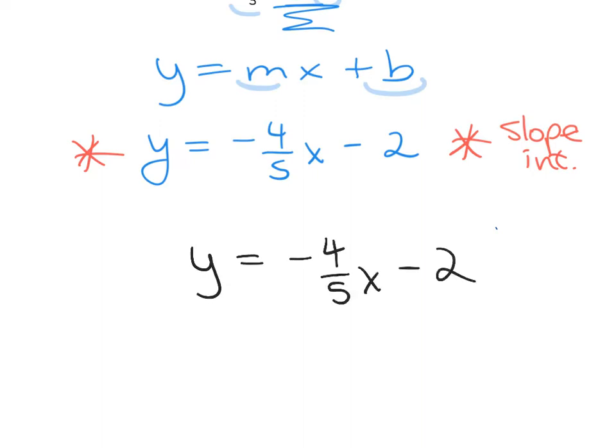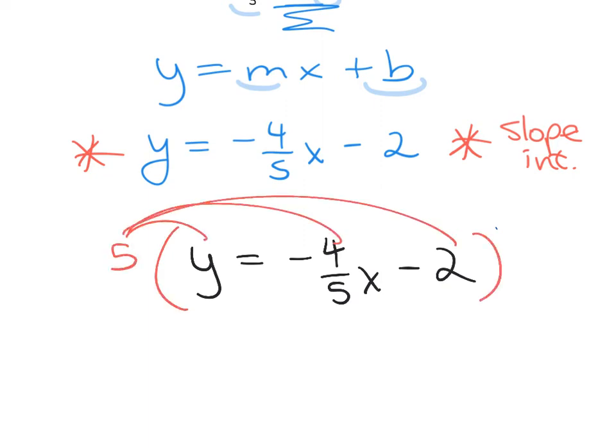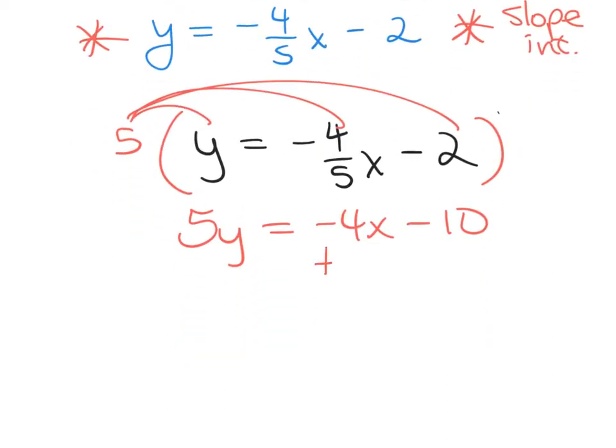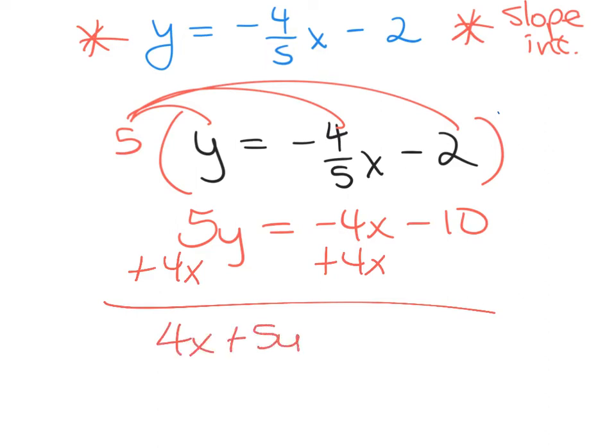To get rid of the fraction, I'm going to multiply all three things by 5. Negative 4x minus 10. Move the x. 4x plus 5y equals negative 10. And this is standard form.